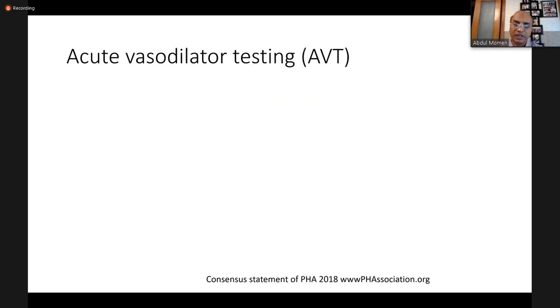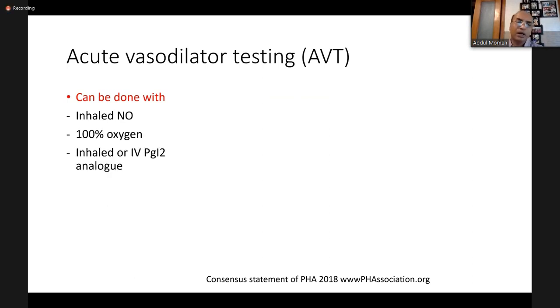Acute vasodilator testing can be done with inhaled nitric oxide, 100% oxygen, inhaled or IV prostaglandin analog, or IV adenosine. So we can do it by any of these.